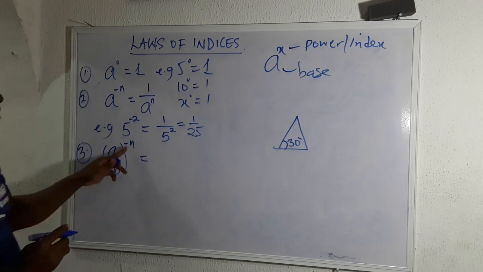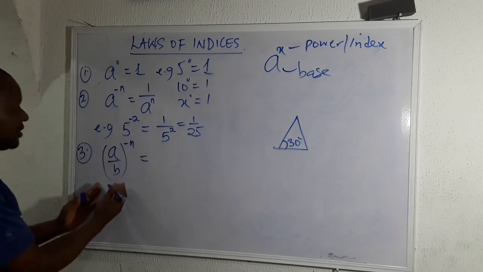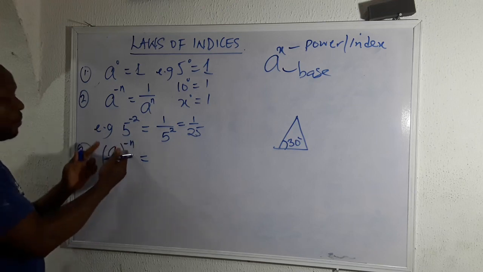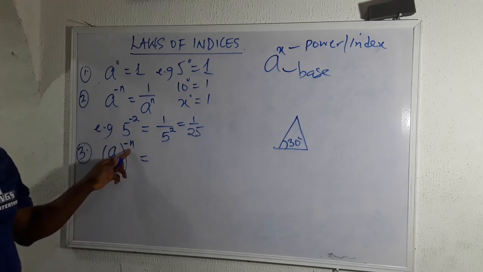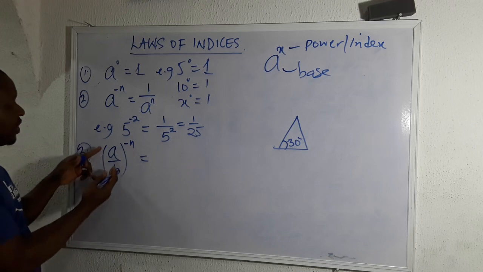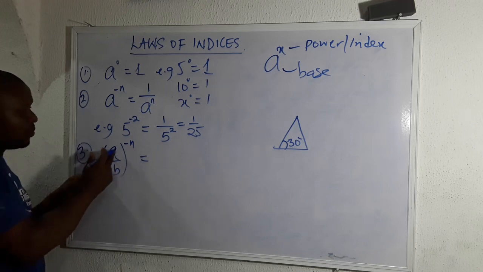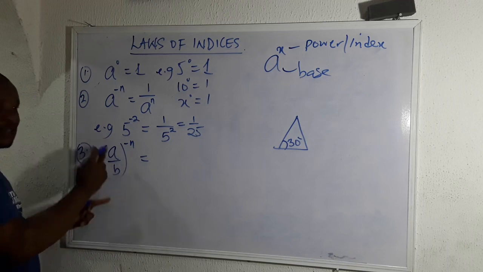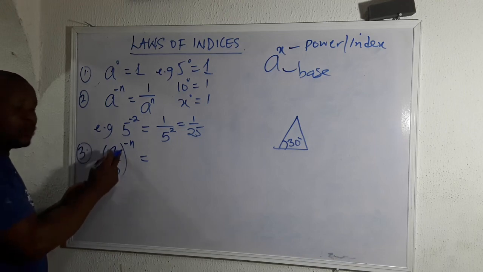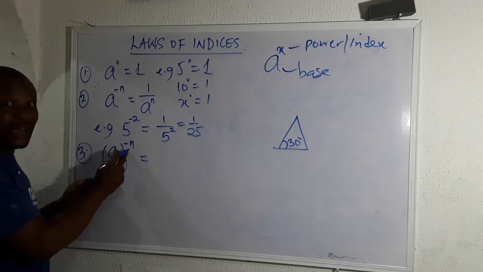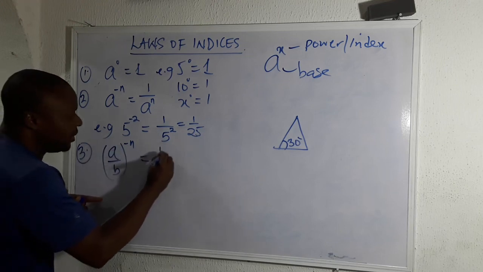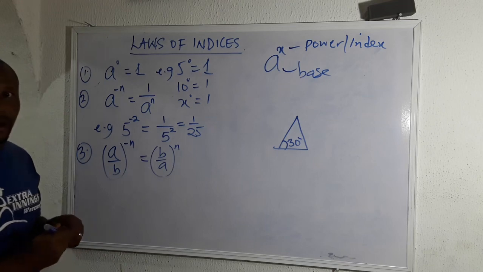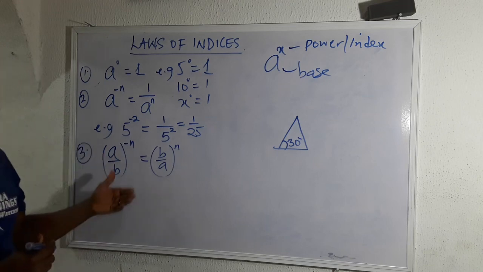To get rid of this negative sign, when the base a over b is all raised to power minus n, all you need to do is bring the numerator to the denominator. That is, take the reciprocal of this fraction. You move this b up, you move a down, and the negative sign is gone. That will be b over a all raised to power n. It's like taking the reciprocal too.